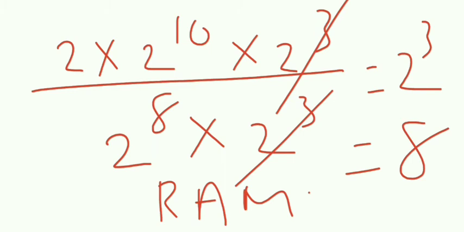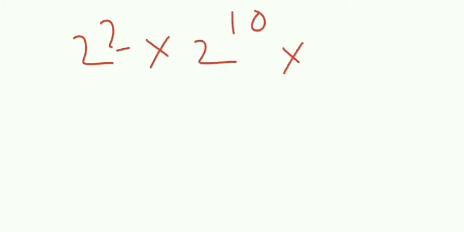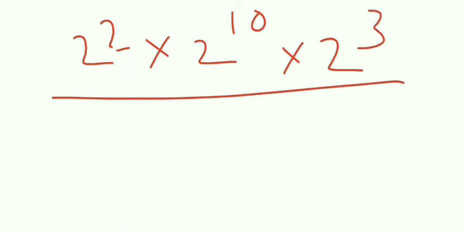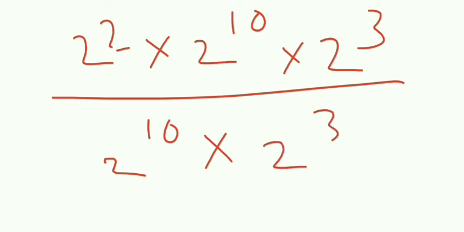Next we have to find out how many ROM chips are required. We have to design ROM of 4 KB. 4 KB means 2 power 2, K is 2 power 10, byte is 2 power 3. But what I have as ROM size is 1024 by 8. 1024 is nothing but 2 power 10, 8 is nothing but 2 power 3.